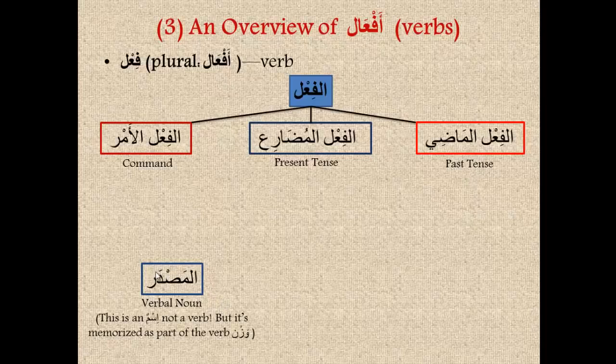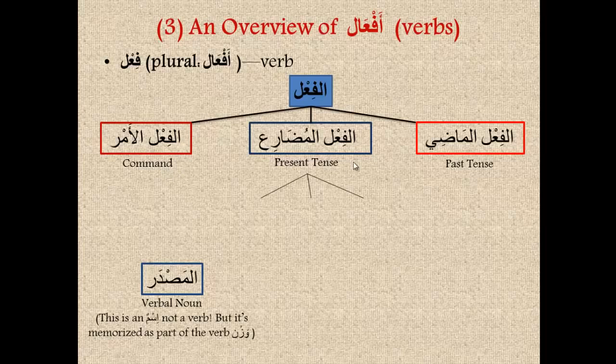So we memorize it as part of the wazn. We memorize the past tense, the present tense, and the verbal noun together as one set. The command form is not generally memorized because we can derive it from the present tense, although it is recognized as a distinct category because of the grammar rules that it entails.